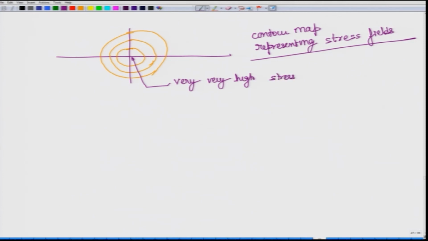Like I said, we are restricting ourselves to stress fields. The strain fields will also be similar to this, and the values are increasing as you keep going inside.